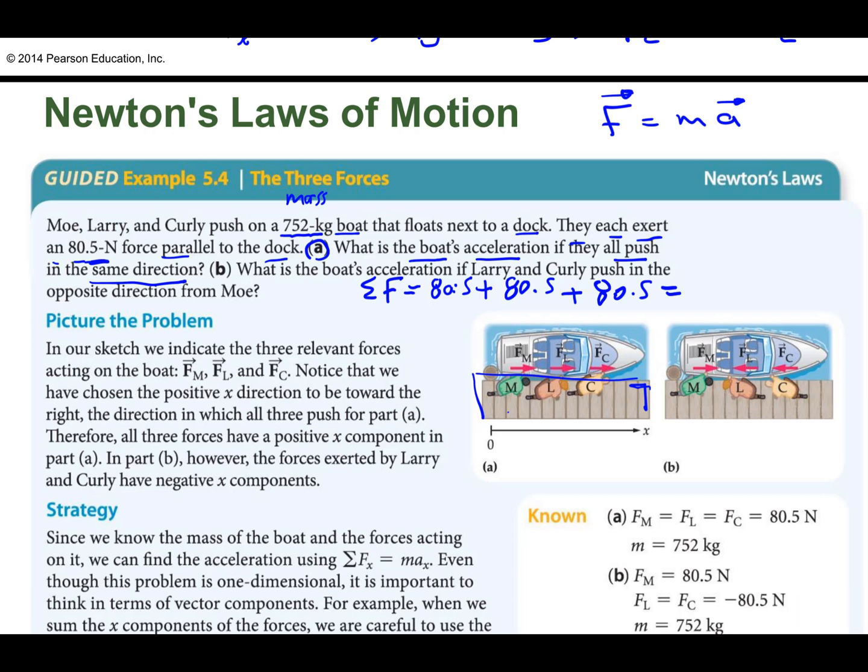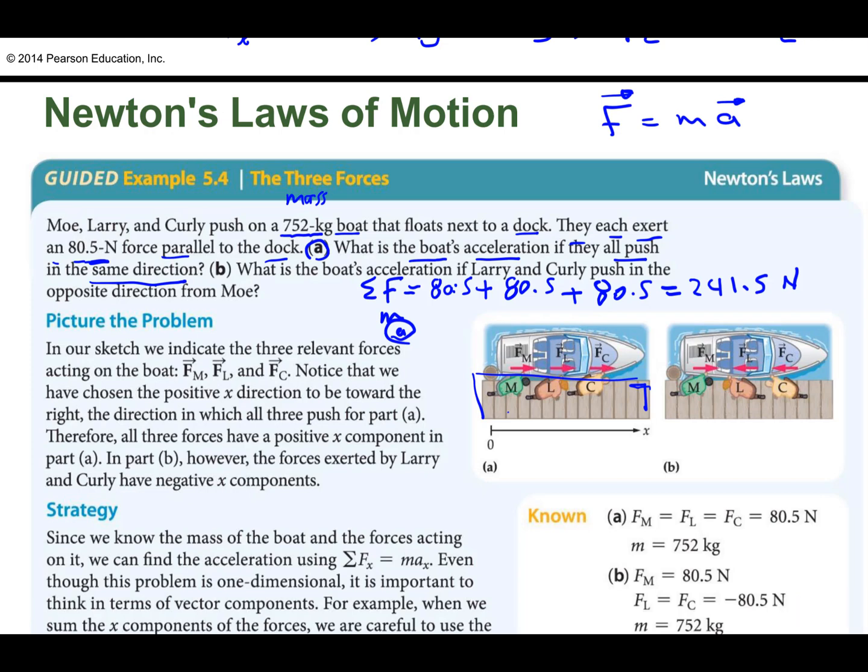So the total force equals 3 times 80.5, 241.5 newtons. And you have the mass, so now you can calculate the acceleration, right?